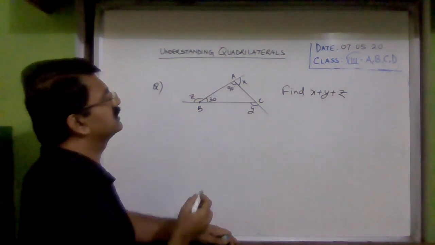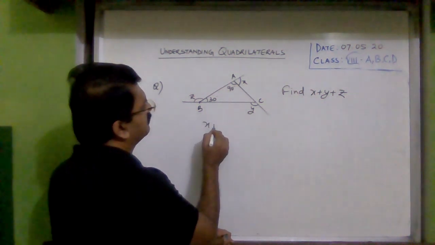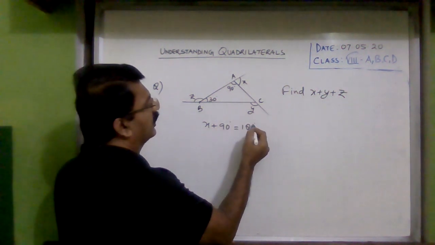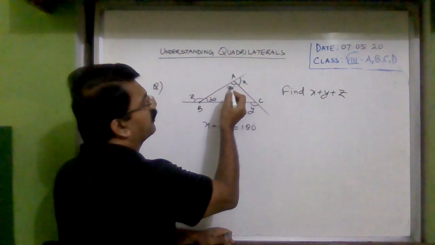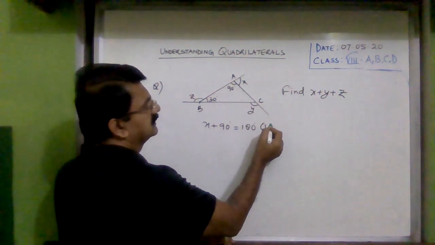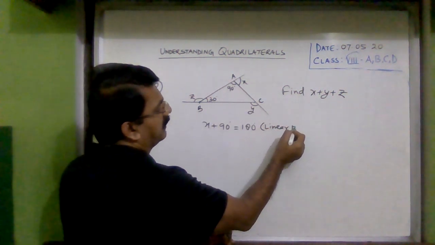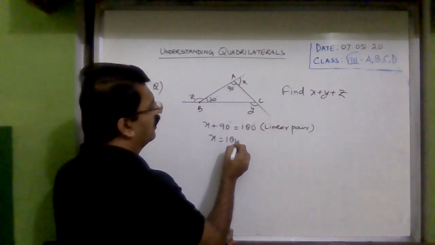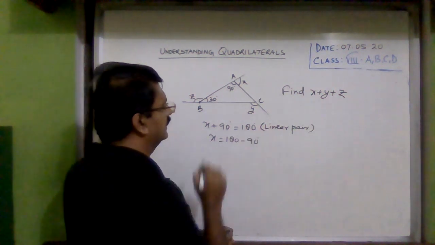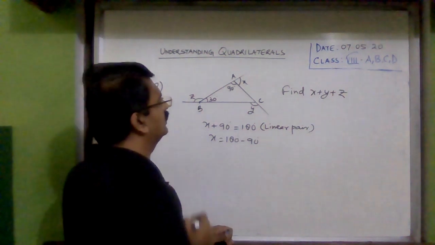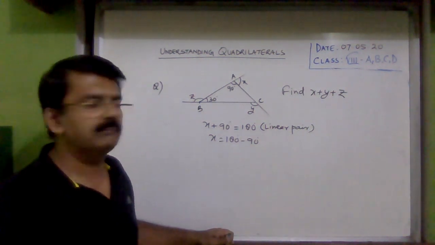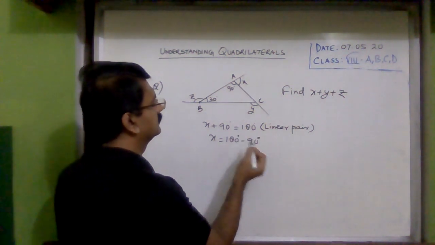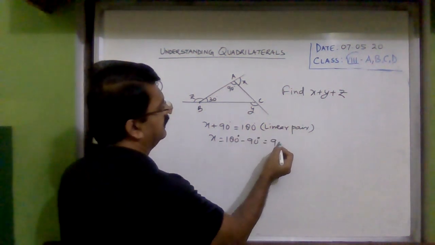So first of all, you see X plus 90 is equal to 180. What is the reason? Because they are forming a linear pair. So that means X will be equal to 180 minus 90, that is 90 degrees.